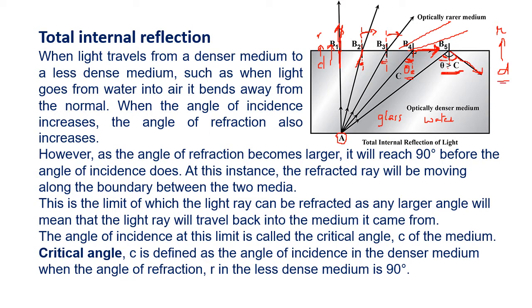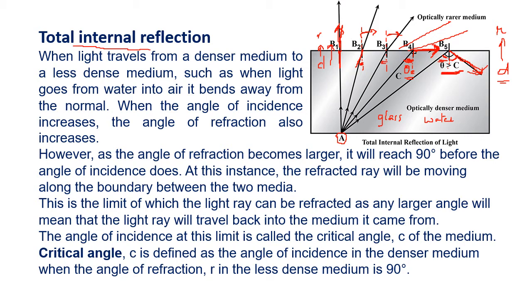At one angle of incidence, it becomes parallel. When the angle of incidence becomes greater than the critical angle, light will not leave the medium but is reflected in the same medium. This phenomenon is called total internal reflection.